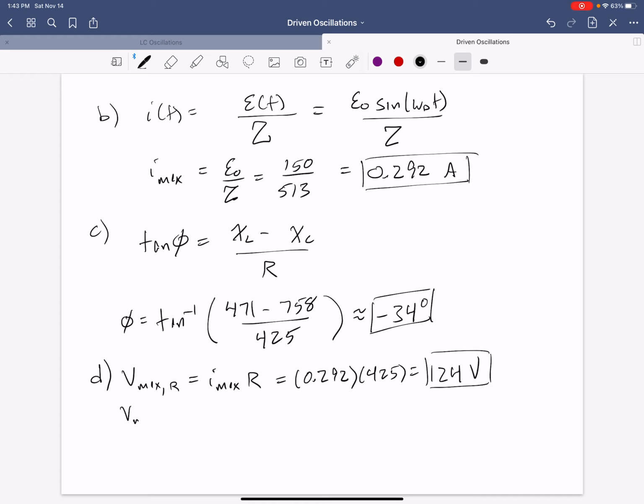Same thing for the inductor next. Remember, for the inductor we cannot use resistance; it has to be the inductive reactance. The maximum current is the same. Now the inductive reactance chi L was 471, and so this should give us a value of 138 volts.